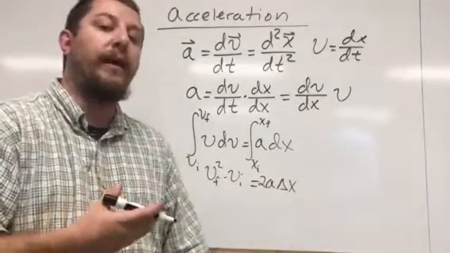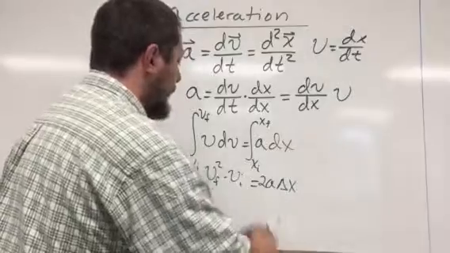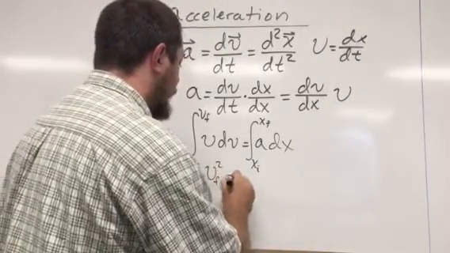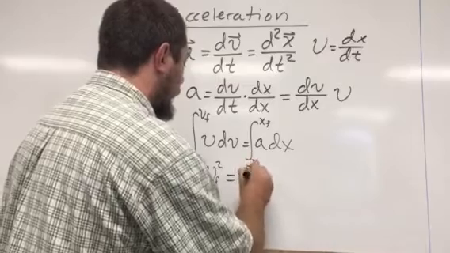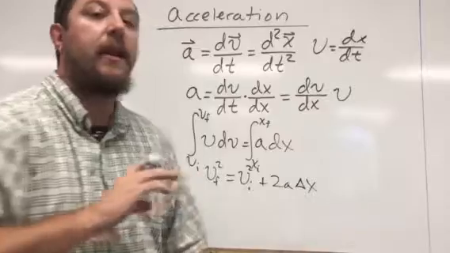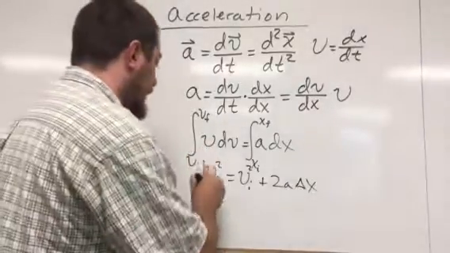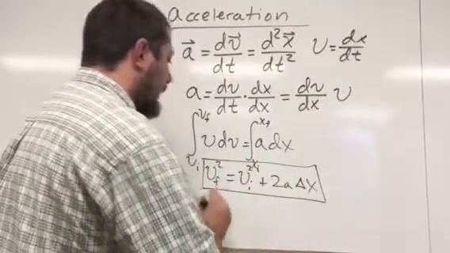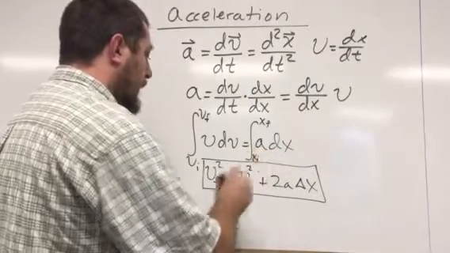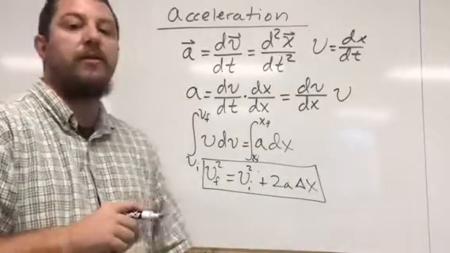And the way this equation is typically written is going to be vf squared, I add vi squared to both sides. So this is going to be vi squared plus 2a delta x. And that equation is the third of the kinematic equations: vf squared equals vi squared plus 2a delta x.